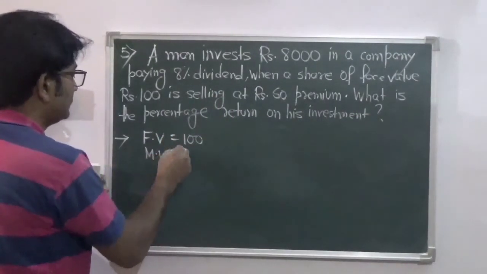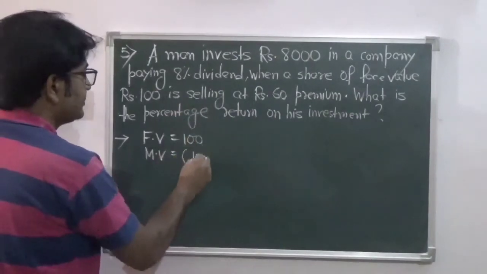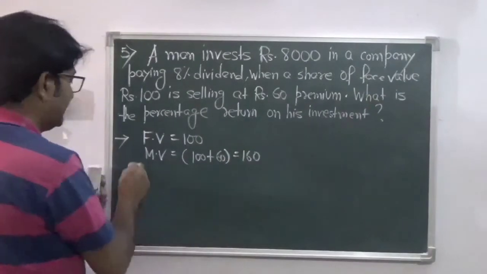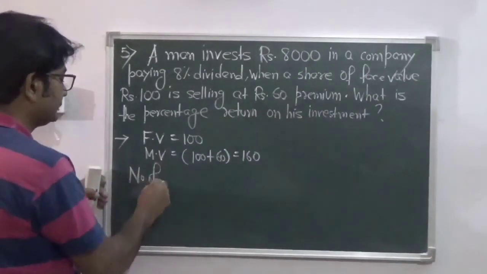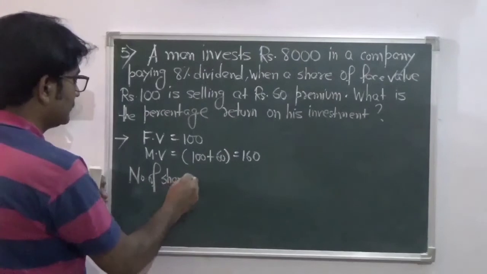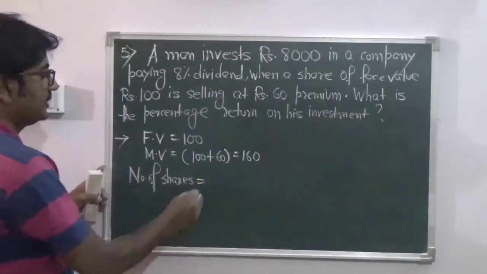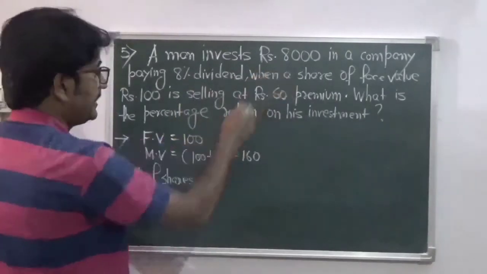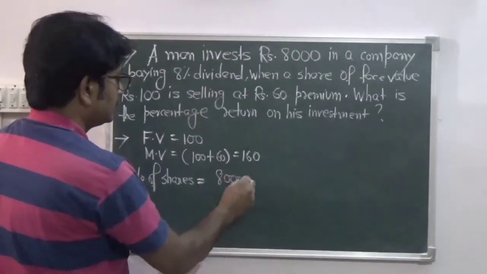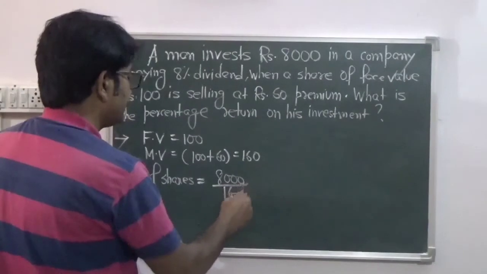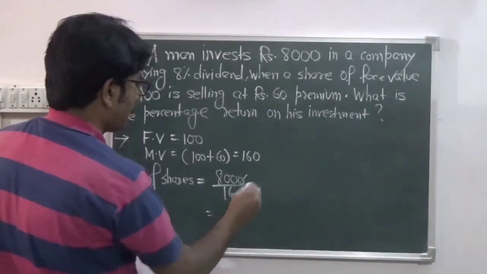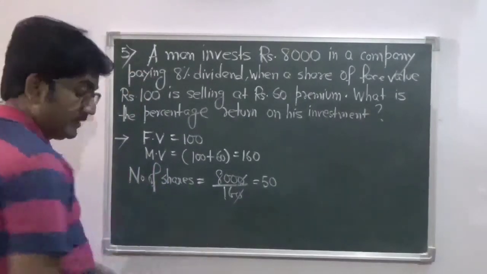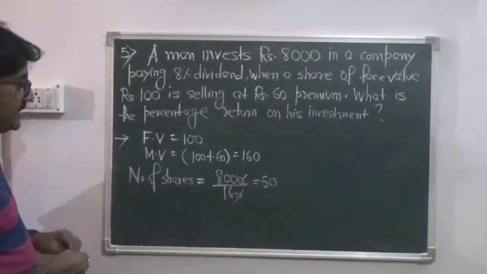Market value is 100 plus 60, that is 160. Then number of shares is the total investment, that is total market value. Total market value is how much? The total investment, that is 8,000 divided by 160. Total number of shares is 50. Now, what is your income on one share?